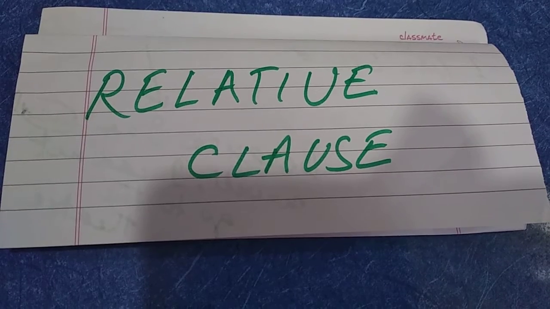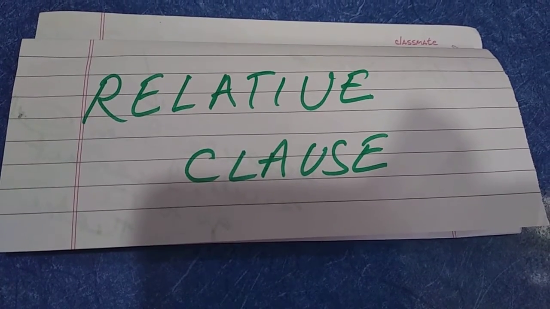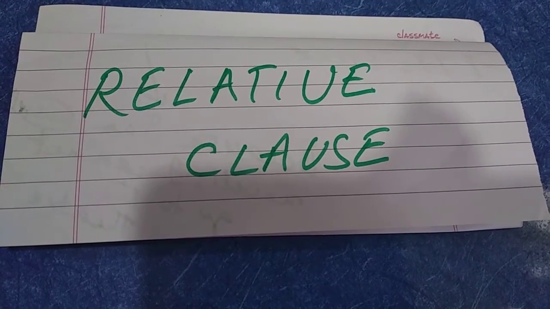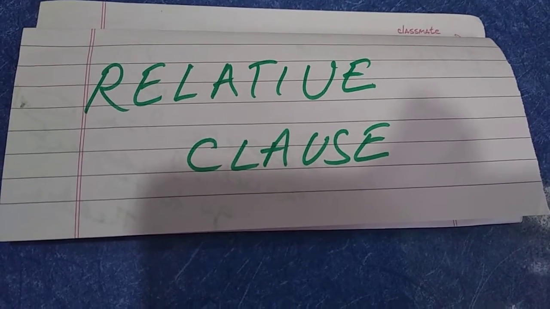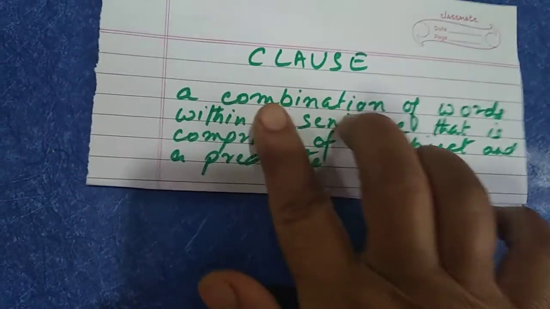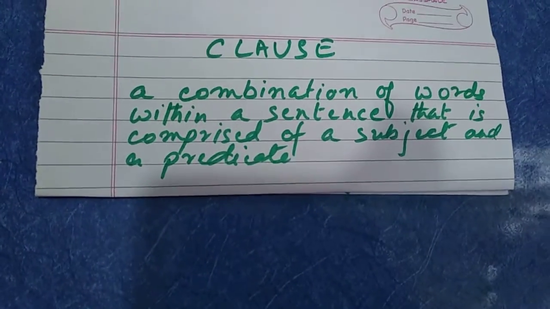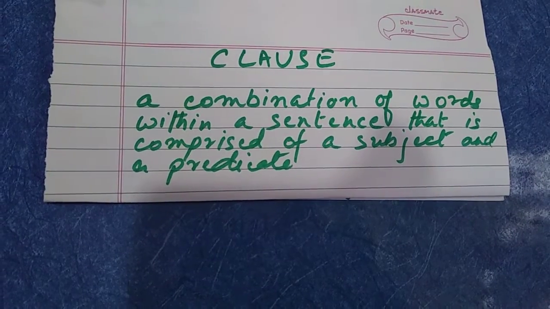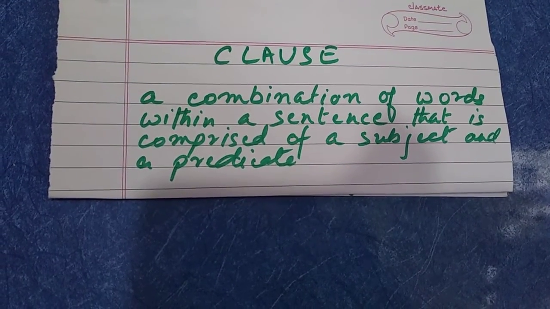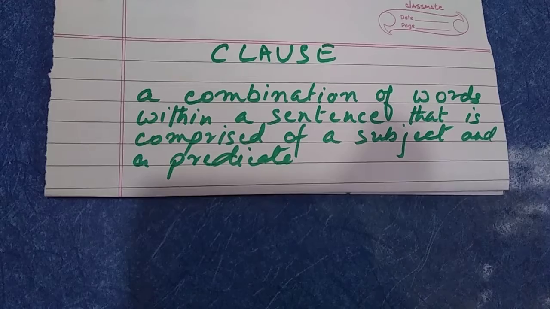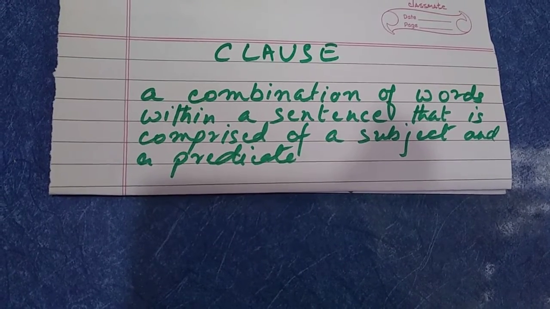And before we go to relative clause, we have to know what a clause is. So, what is a clause? A clause is a combination of words within a sentence that is comprised of a subject and a predicate.